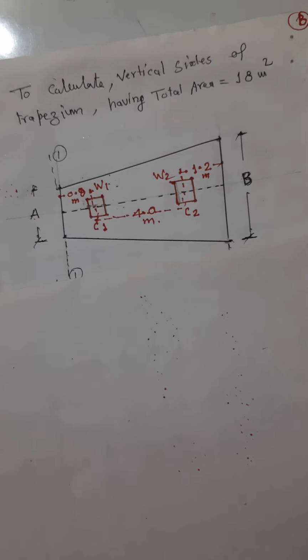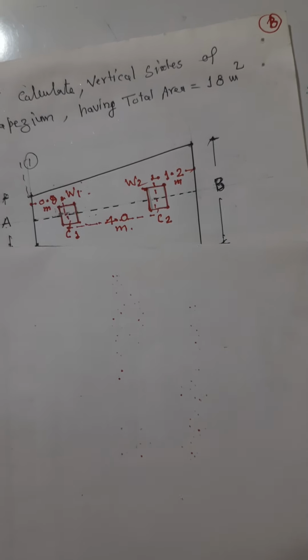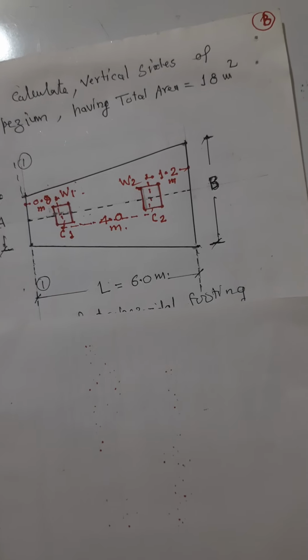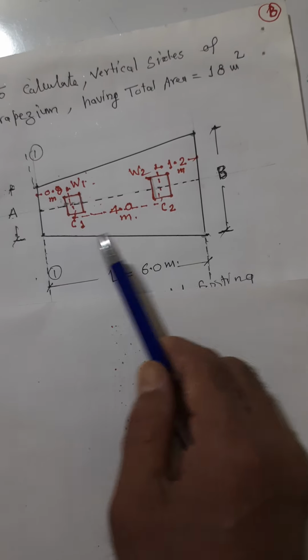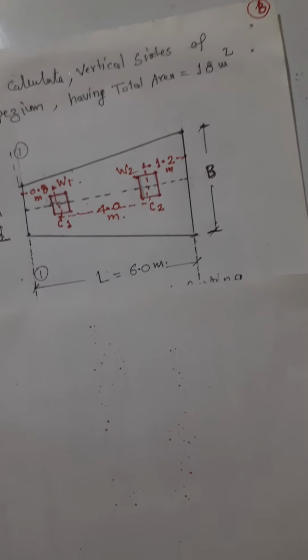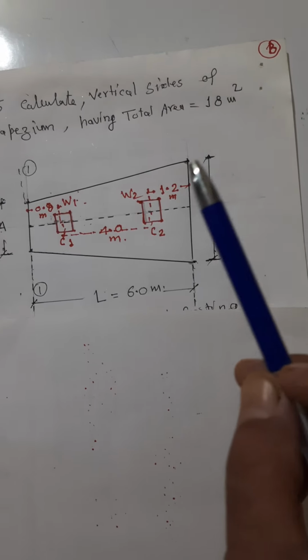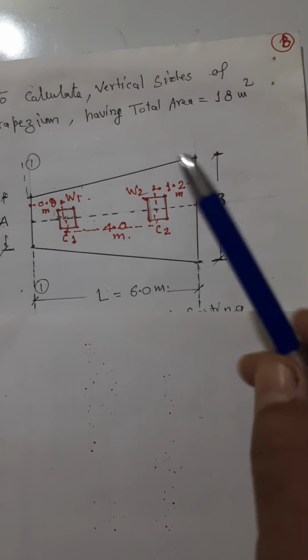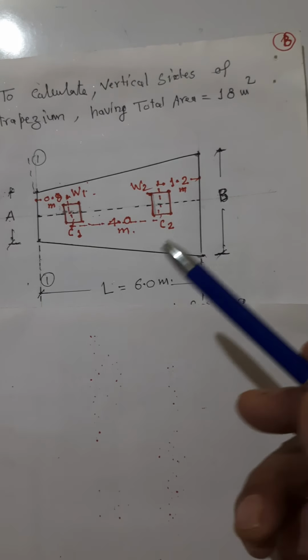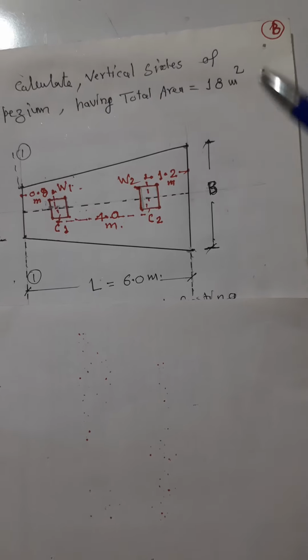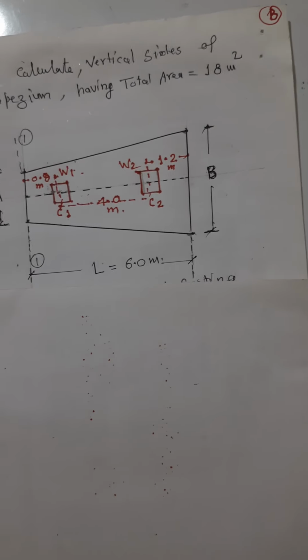So the total length automatically comes out to be 6 meters. Now, once the length is known, we have to calculate the area required. We have already seen that the area required is 18 meters square, on our previous page.